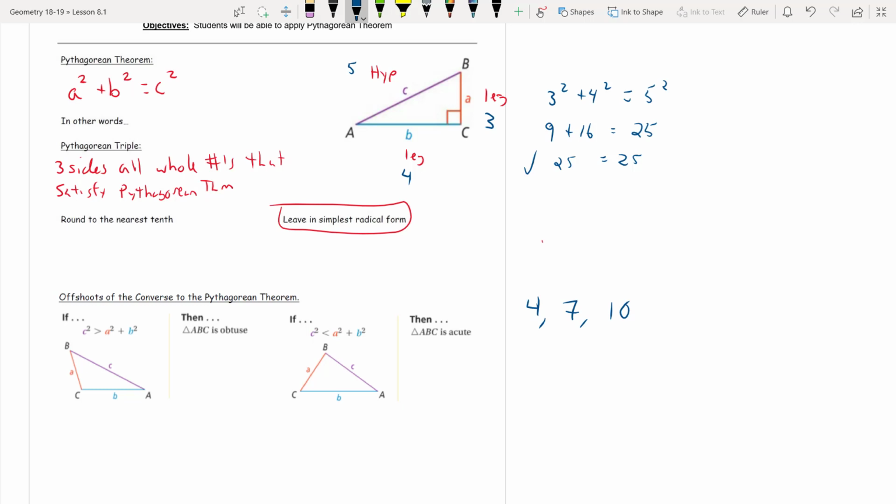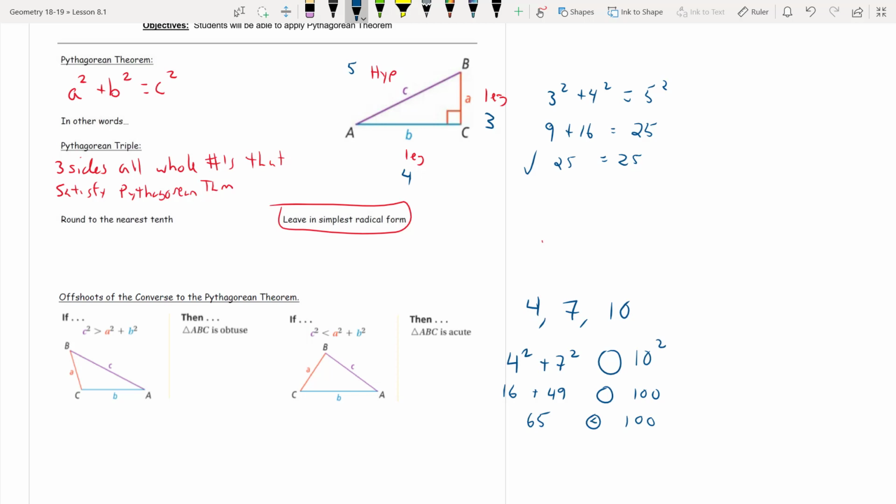So I do 4 squared plus 7 squared, and I'm not sure what it's going to equal, but I'm going to set it equal to 10 squared, and just work my math out. I've got 16 plus 49, and I've got 100 on this side. 16 plus 49 is going to give me 65, and I have 100 on the right.